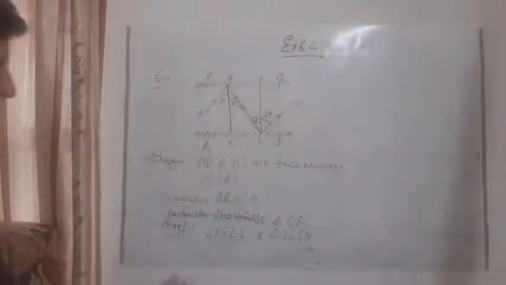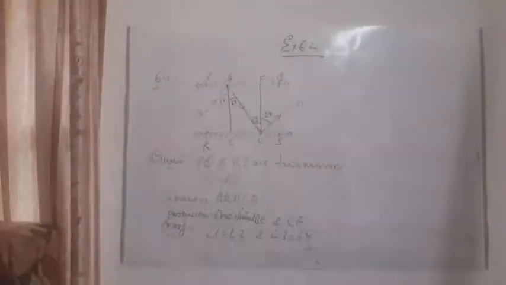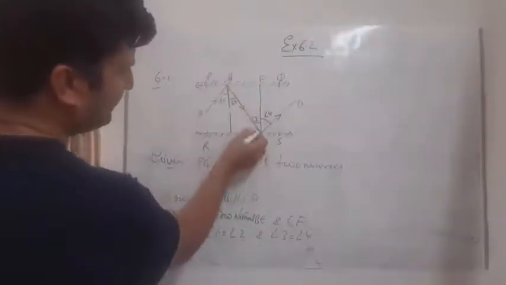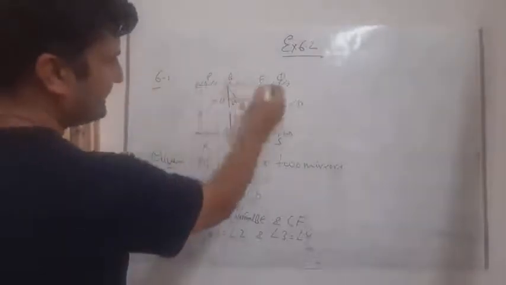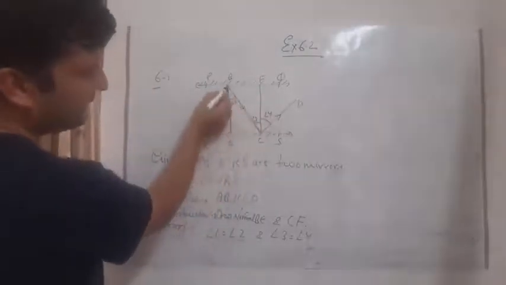So what we can say is, in this question, these two lines are parallel to each other. Yes, we can see that BC is a transversal of this line.